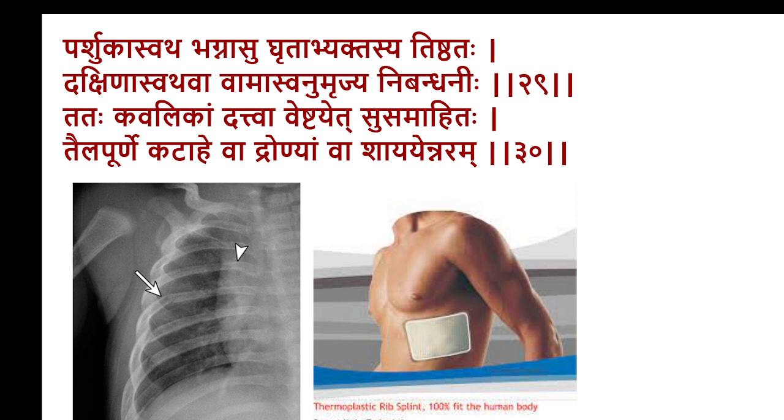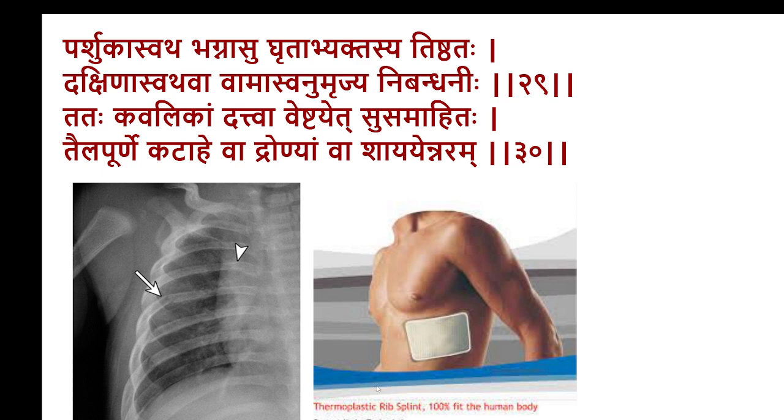One, just immobilize the bone after manipulating, after pressing over the area, with a kabalika, a bandage kept over there. If the injury is severe, then the patient is kept in a Tailapurna Kataha or Droni, a boat-like vessel, where the patient's body is kept dipped in oil.